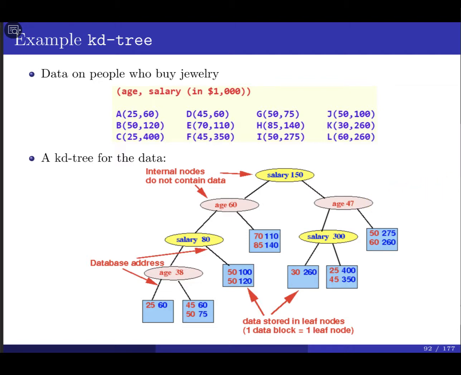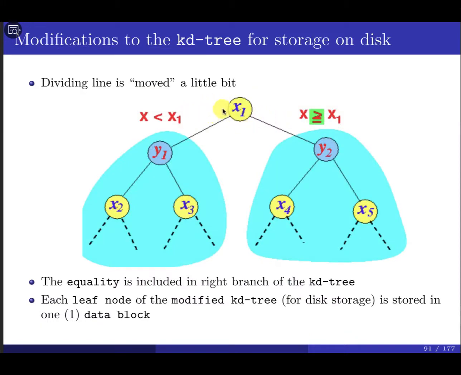One thing I missed here, I need to modify something. Remember, we work with the KD tree, which is in general a generalization of the binary tree. So on the left side, values are less than x1, and on the right side, greater than x1, and you move the equality to the right side. So the right side is going to be all the values greater than or equal to x1. Equality goes to the right side.